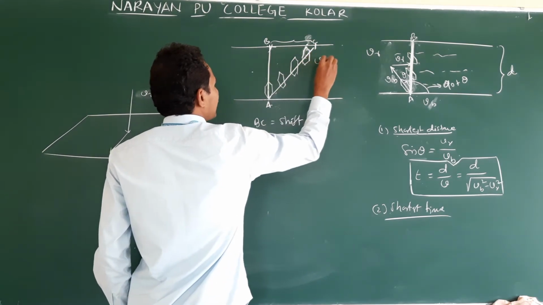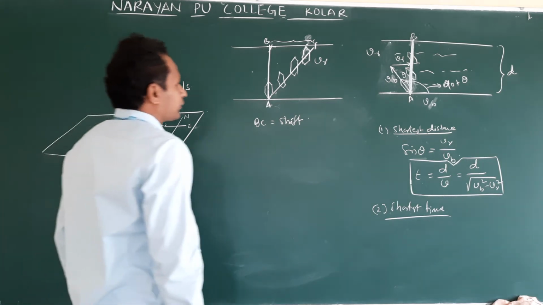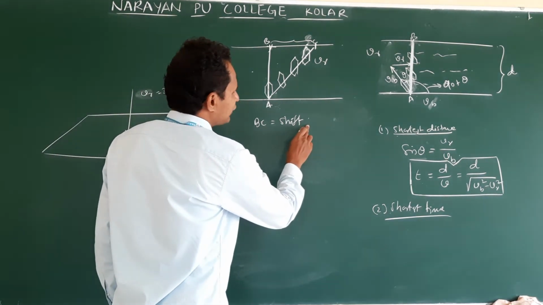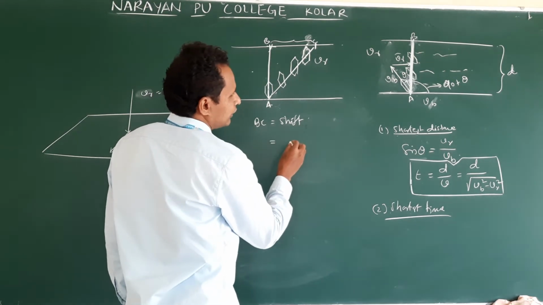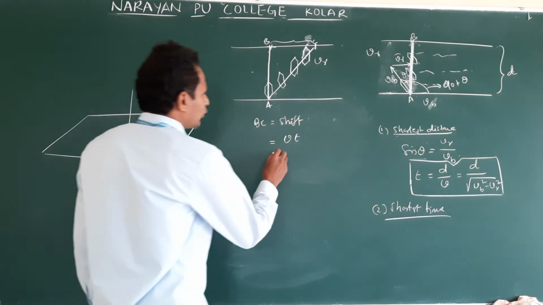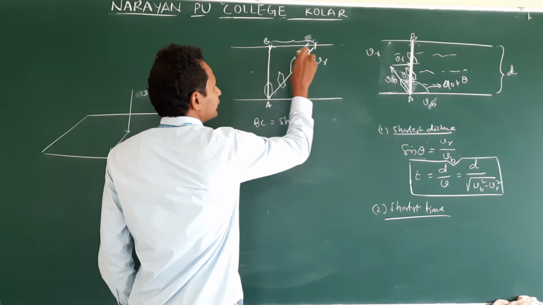Because of the velocity of the river. Clear? Now, shift is nothing but distance. How do we write it? This is nothing but velocity into time.